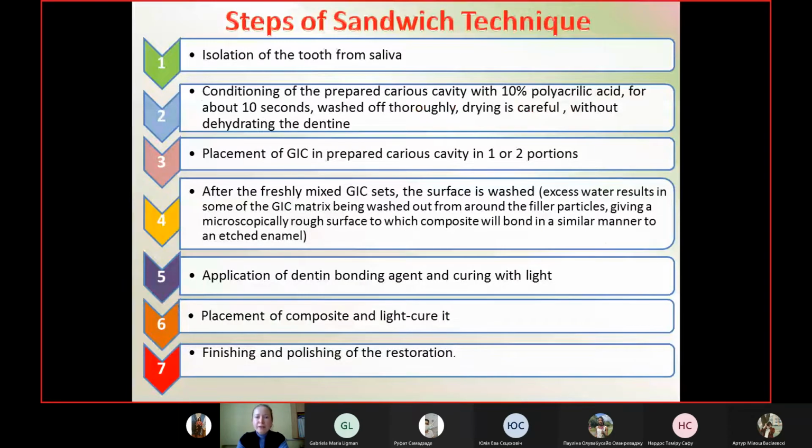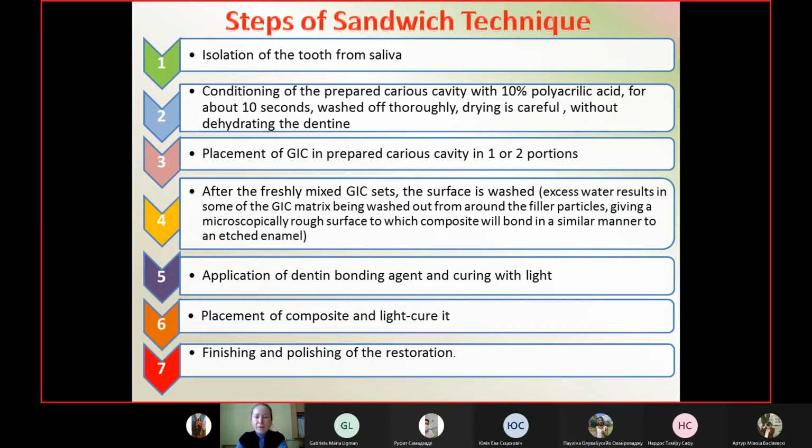Steps of the sandwich technique, we have such. First of all, isolate the tooth from saliva. Second, provide conditioning of the prepared caries cavity with 10% polyacrylic acid for about 10 seconds, then wash away. Thoroughly dry, carefully, not to over dry. And third stage, glass ionomer placement in the caries cavity in 1 or 2 portions.